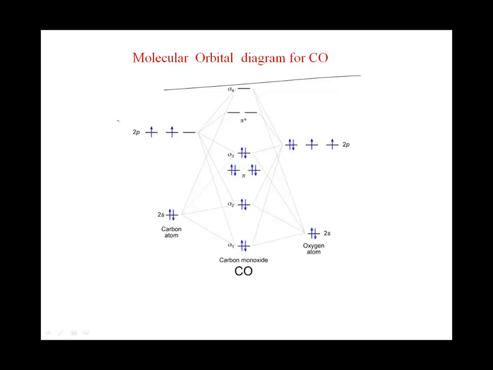So again, it's drawn in the familiar pattern. You have here on this side the energy, so the energy is going up there. So you have the carbon 2s orbital, and you have the carbon 2p orbitals. Of course we don't include the 1s orbital. Why do you think we don't include the 1s orbital?